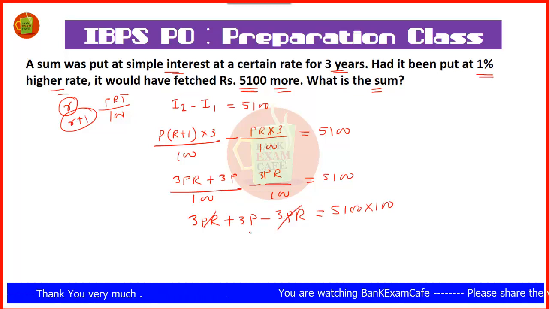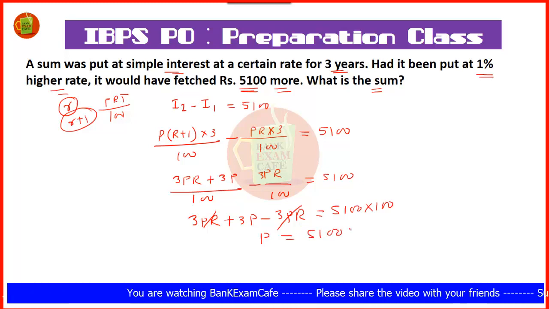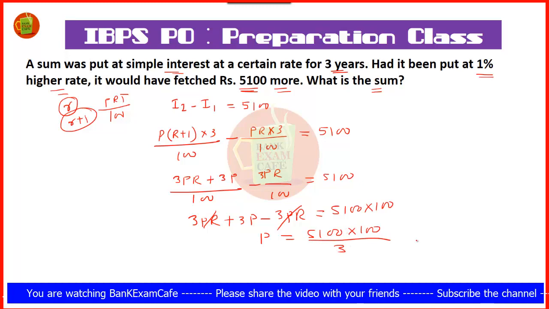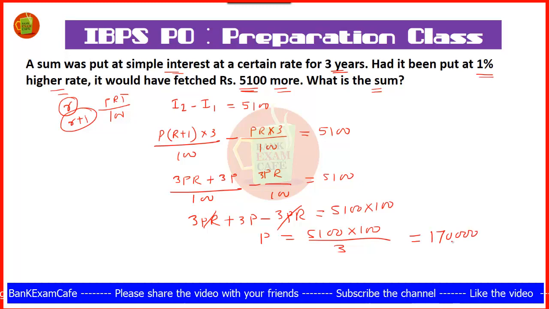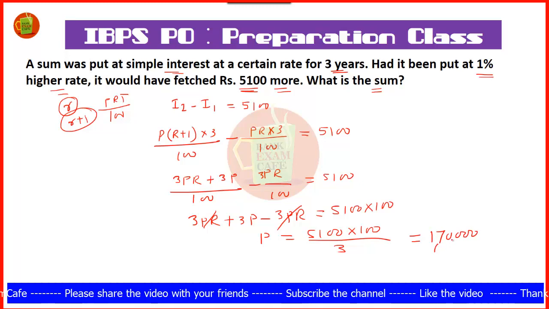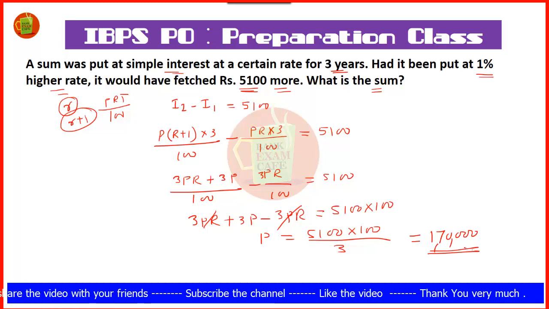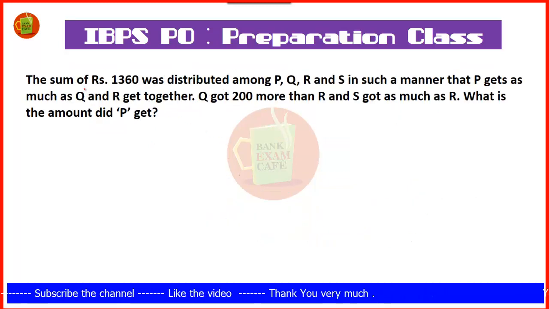So 3pr will get cancelled and you will get 3p is equal to this, and therefore p will be equal to 5100 multiplied by 100 divided by 3. And after solving you will get it at 1,70,000, and therefore P, that is the principal sum, is what? 1,70,000.